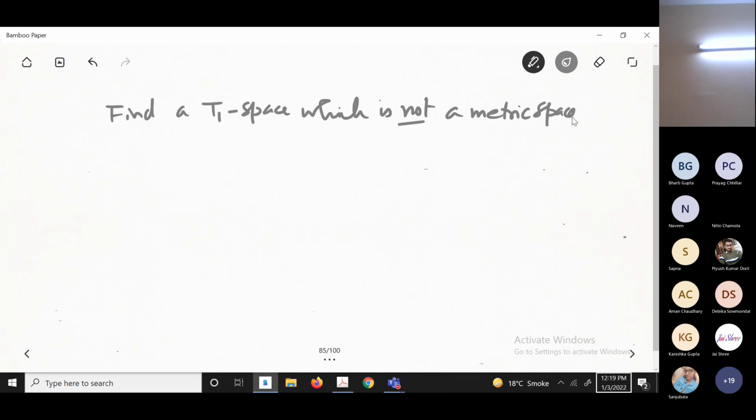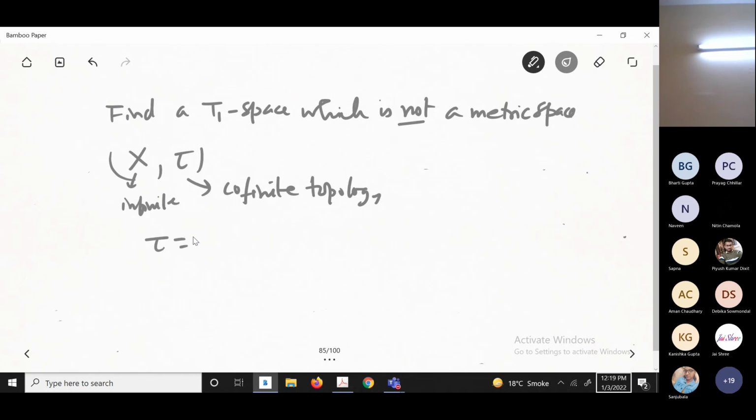Remember, in this paper, if X is infinite, take tau, the cofinite topology. Remember, the cofinite topology, tau, is this thing.